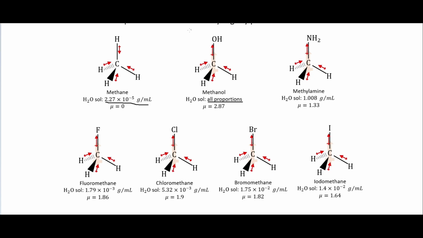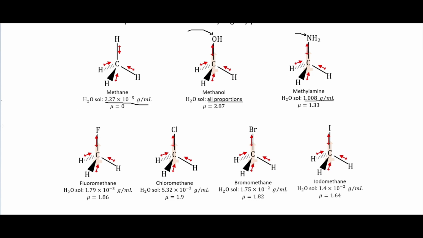And so all we've done here is just add that oxygen onto it, and that made it completely soluble in water as compared to the methane, which is extremely insoluble in water. Then we have methylamine, so now we have a nitrogen here rather than the oxygen, and this is fairly soluble in water. So we can put 1 gram per milliliter, so that's actually quite soluble in water.